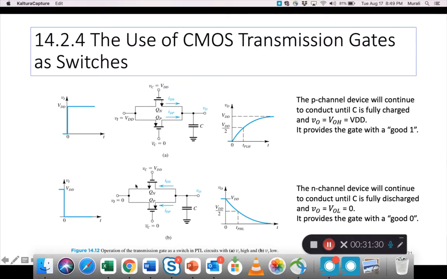The same thing when you have to go low on the output, which the NMOS device used to do anyway. The N-channel device will continue to conduct until C is fully discharged and VO becomes VOL, which is 0. It provides the gate with a good 0. So both a good 1 and a good 0 are possible once you have a CMOS pair as in your transmission gate.